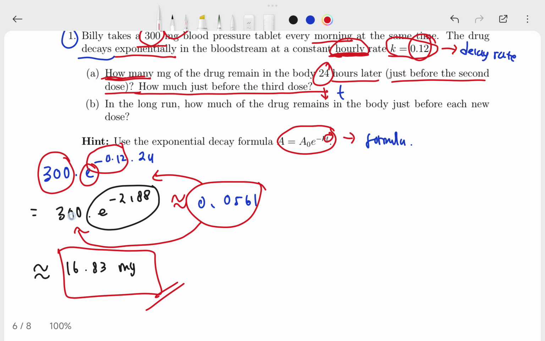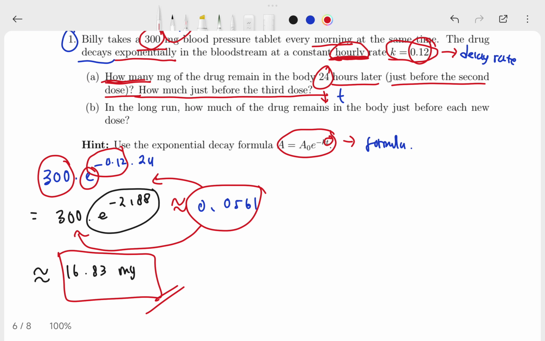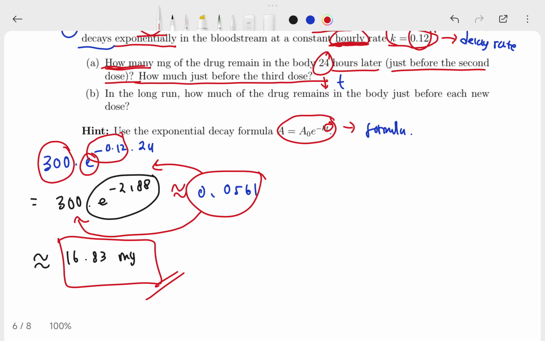We multiply that by 300. The e to the power of minus 2.88 equals this, and this we multiply by 300, and we get this one. So how many milligrams of the drug remain in the body 24 hours later? It is 16.83 milligrams.